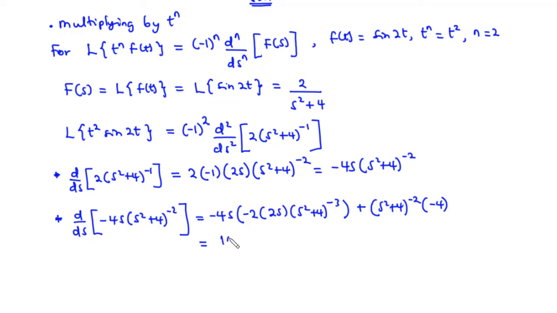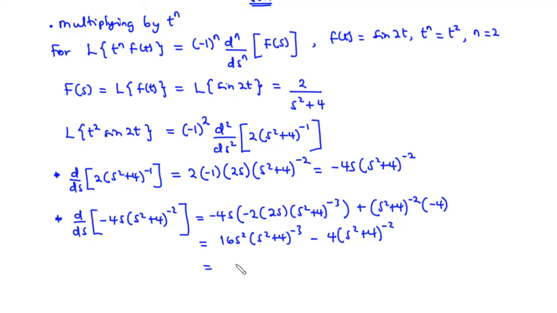So we are going to have 16s squared times (s squared plus 4) to the power negative 3, and then here we have negative, so minus 4 times (s squared plus 4) to the power negative 2.